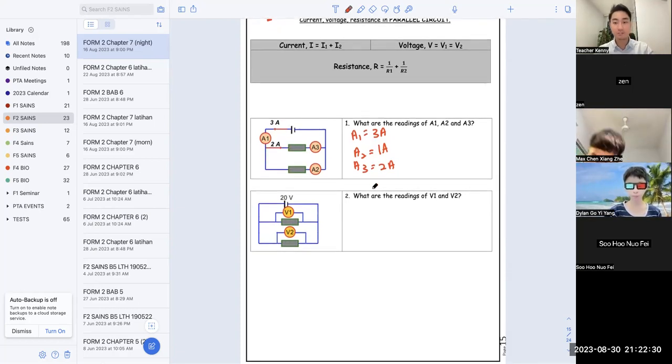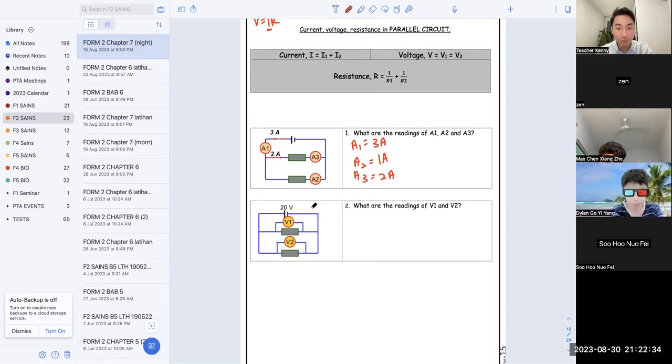Now, next thing. What are the readings of V1 and V2? What is V1, V2? This is voltage. Remember, for voltage in parallel, we have to pull out to measure. So basically it's asking you how much voltage is here and how much voltage is here. All right, so for voltage, the energy is the same.